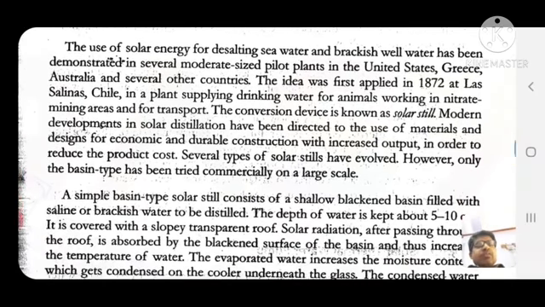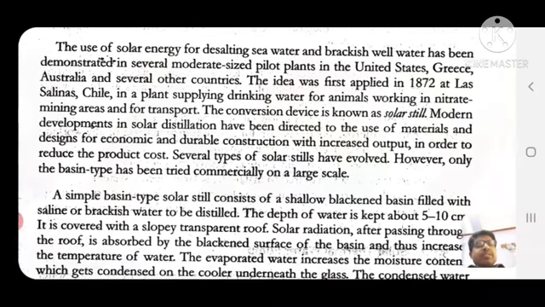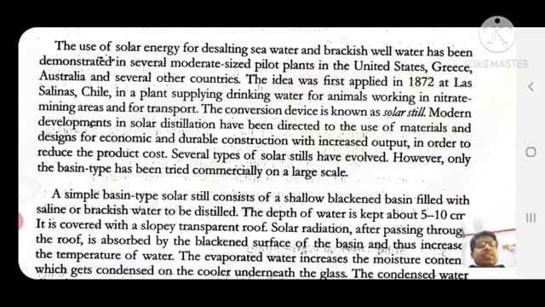The use of solar energy for distilling and desalting seawater and brackish well water has been demonstrated in several moderate sized pilot plants in the United States, Greece, Australia, and several other countries.